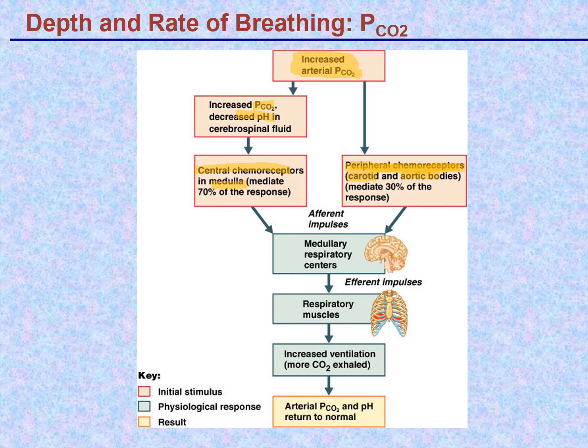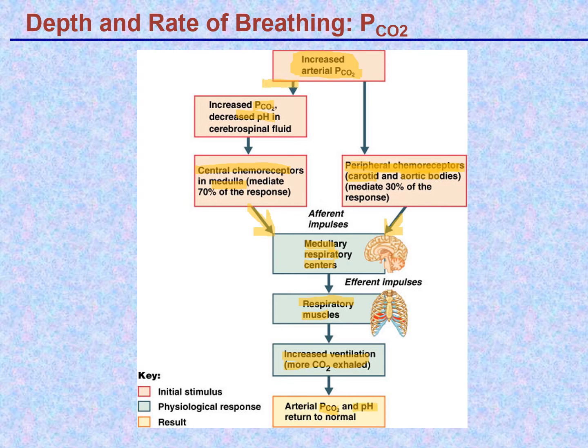These bodies are sensory neurons that send signals back into the central nervous system. So this is right in the brain, and this is coming from outside, from the carotid and the aortic bodies, and it affects the medullary respiratory centers, and you get increased stimulation of the inspiratory muscles and increased ventilation, and more of the CO2 gets exhaled, blown off, and the arterial PCO2 returns to normal and the pH returns to normal.